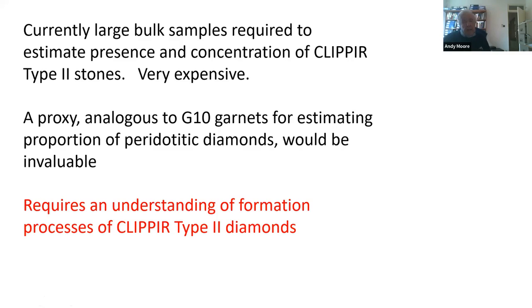So it's obviously important to find out if these stones are present. And at the moment, the only way of doing this is to get a bulk sample, which is expensive. So it would be ideal to develop some sort of a proxy for predicting whether they are present or absent. And this requires an understanding of their formation.